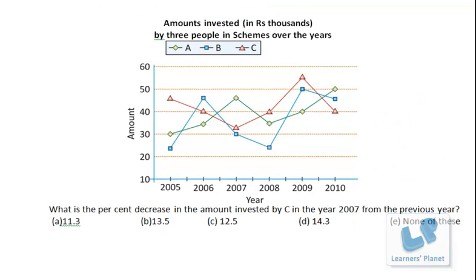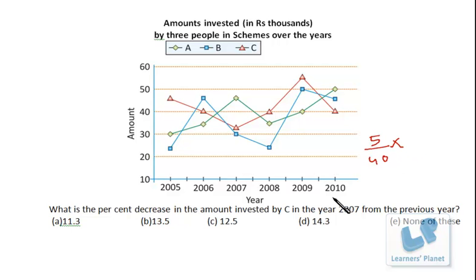Now let's take this question. What is the percentage decrease in the amount invested by C in the year 2007 from the previous year? Right, 2007, by this red triangle. So here it is showing 35 and here it is showing 40. So the decrease is 5. So 5 decrease over 40.